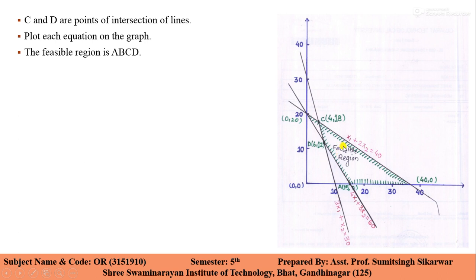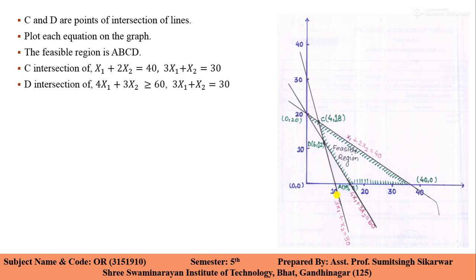Now from the graph we can understand that point C is the intersection of x1 plus x2 is equal to 40 and 3x1 plus x2 is equal to 30. And point D is the intersection of 4x1 plus 3x2 equals to 60 and 3x1 plus x2 equals to 60.